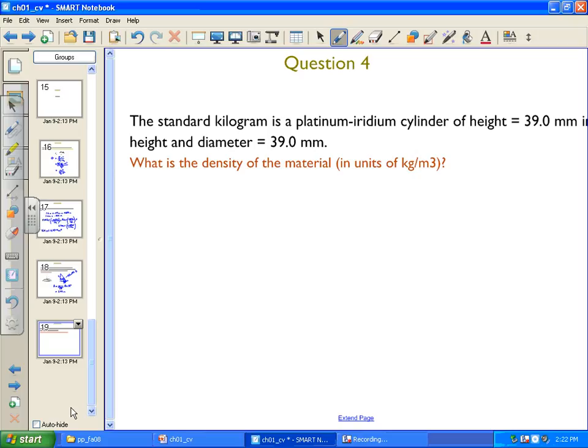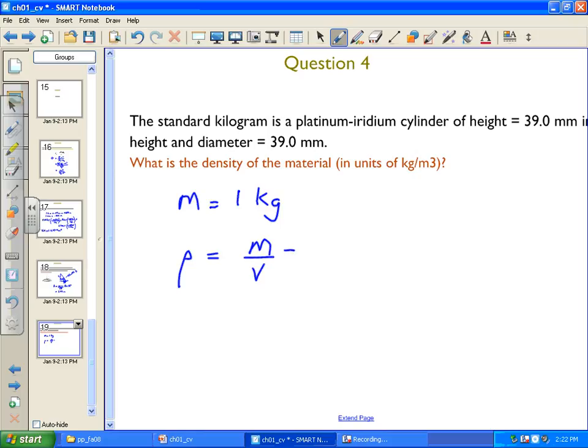What is the density of the material, which is platinum iridium, in units of kilogram per meter cube? Well, we know that because the standard defines the kilogram, this cylinder must have a mass that is equal to 1 kilogram. We also know that the definition of density is mass per volume.